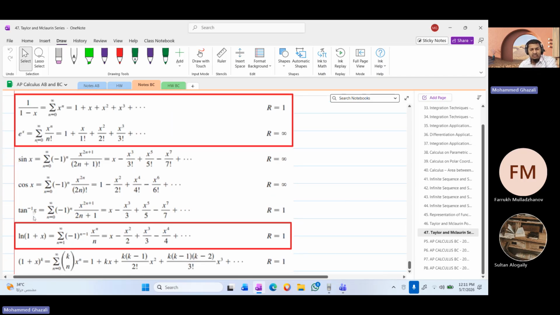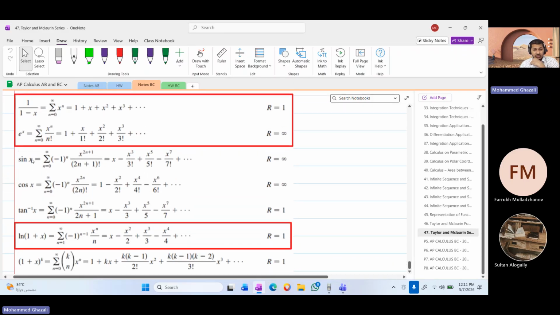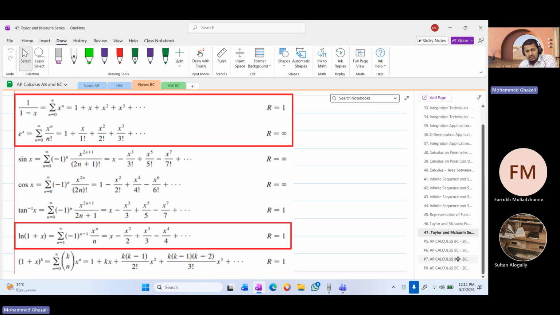Sin x is negative 1 to the power n, x to the power odd over odd factorial. Cos is negative 1 to the power n, x to the power even over even factorial. Just remember, cos is even. So let's go back.